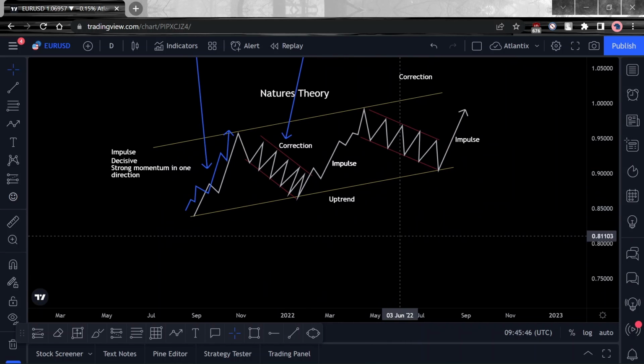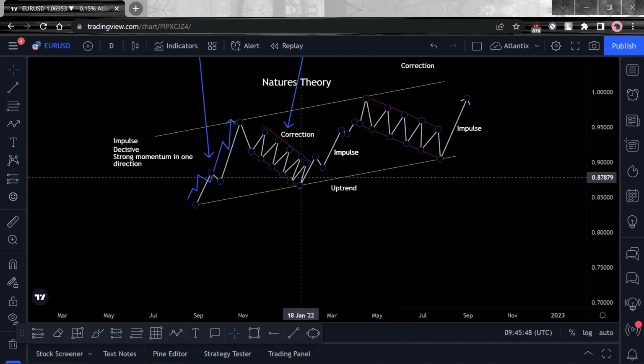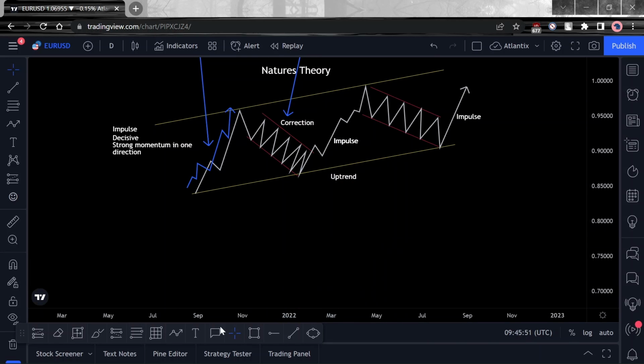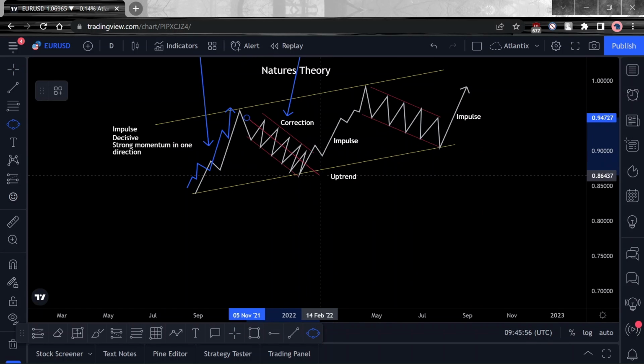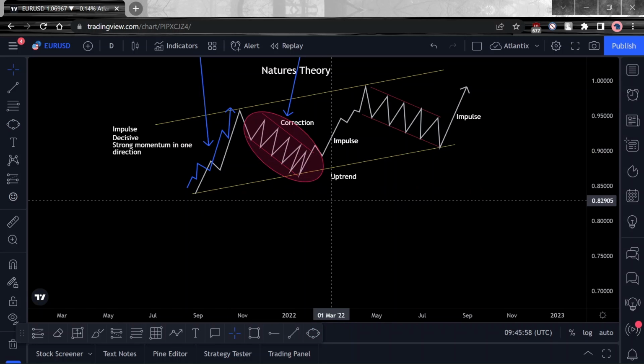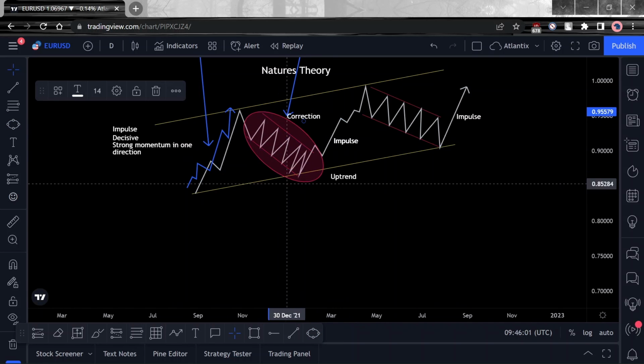But there are scenarios where, again, you may be able to trade in a corrective phase. Now, let's simply pick out this corrective phase, for instance, right? We want to take a closer look at this correction.